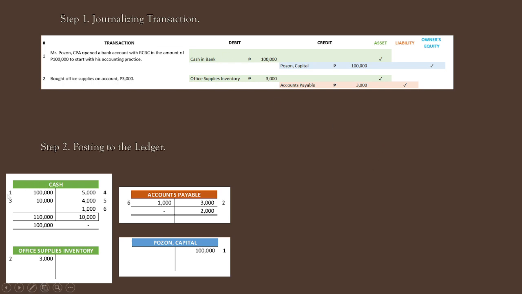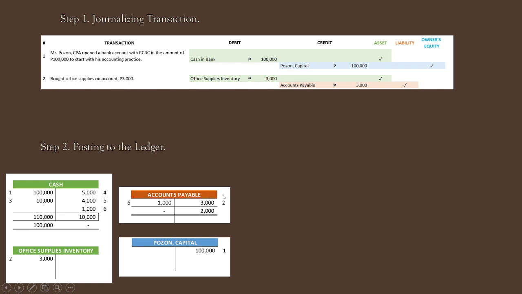Then Pozon capital credit 100,000, recorded on January 1. And then the second transaction, on January 2, office supplies inventory debit 3,000, recorded here. And then accounts payable 3,000 credit.